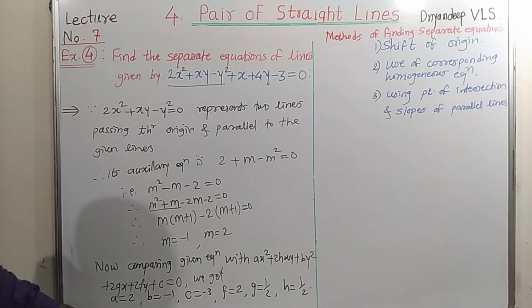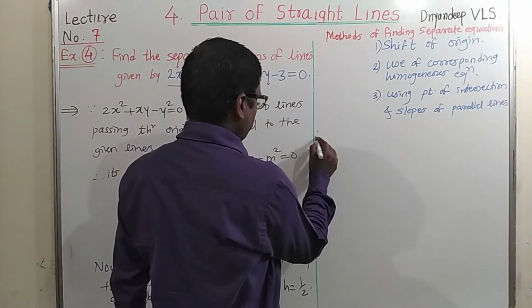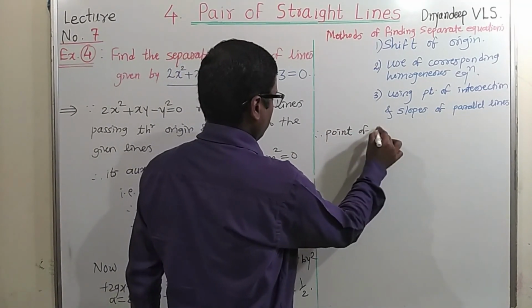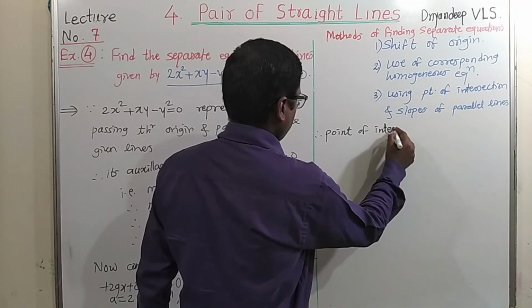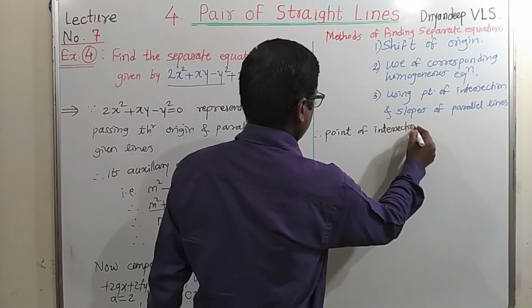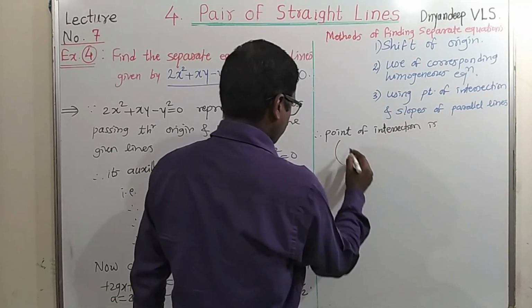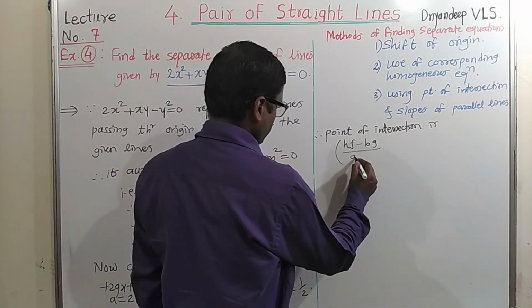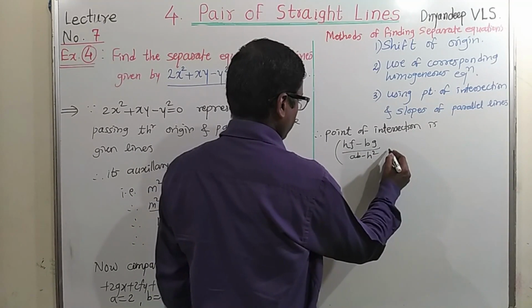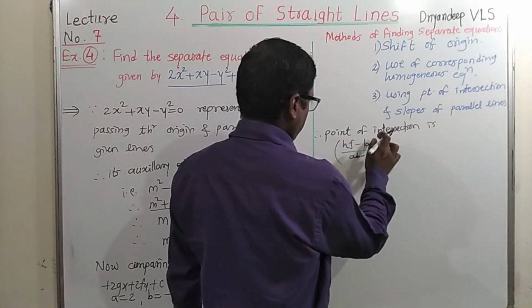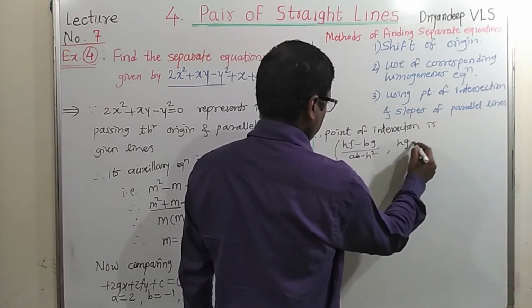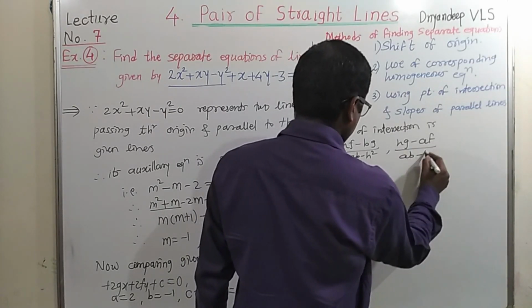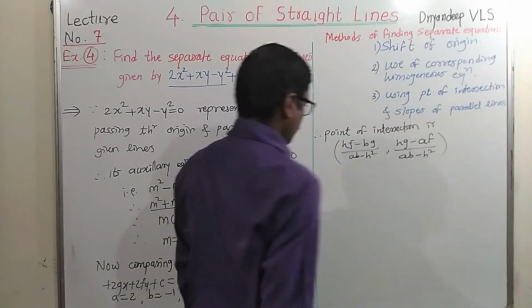Now knowing these values, the point of intersection is (HF minus BG, comma, HG minus AF) upon AB minus H square.